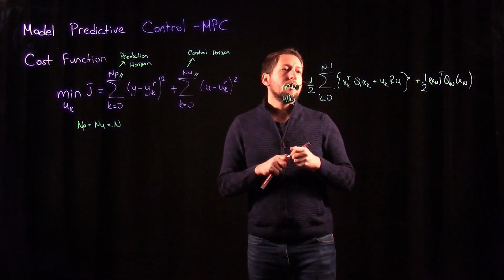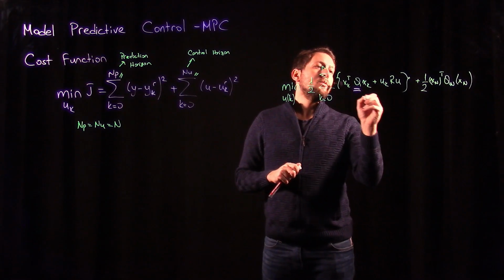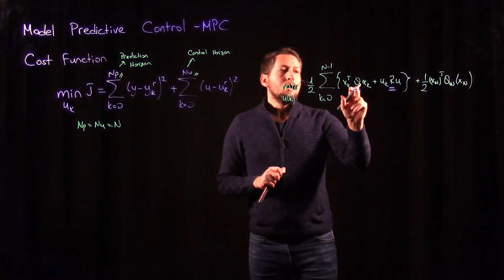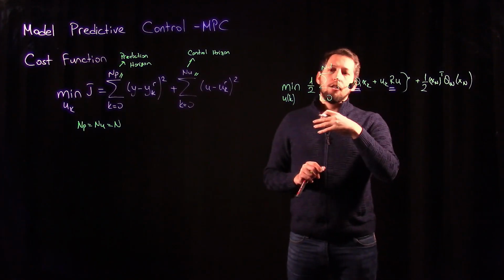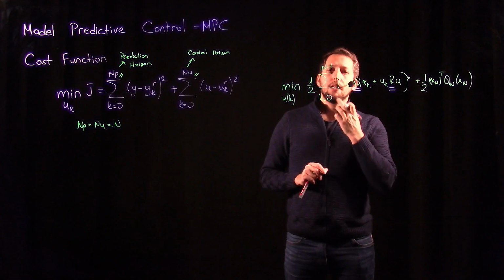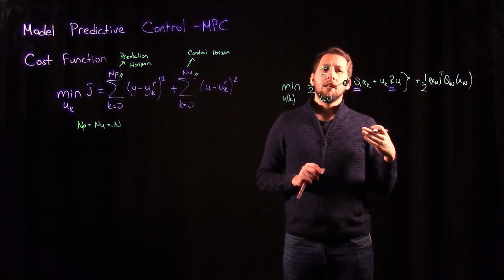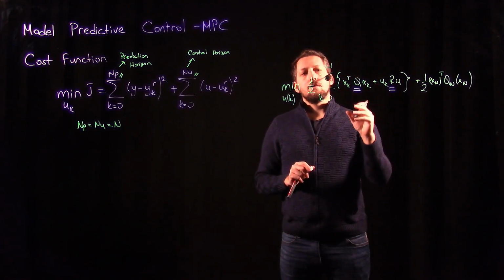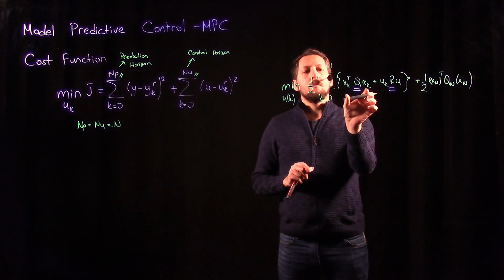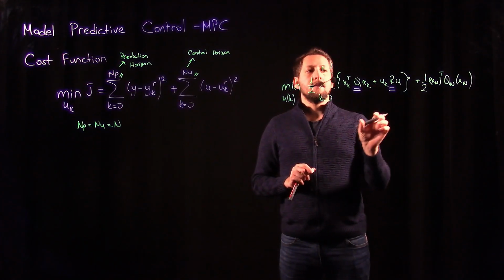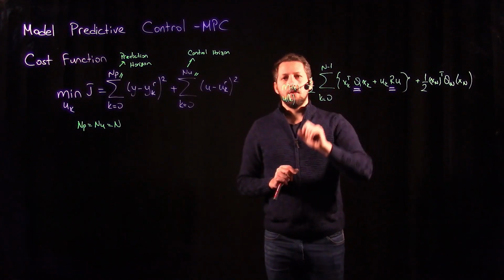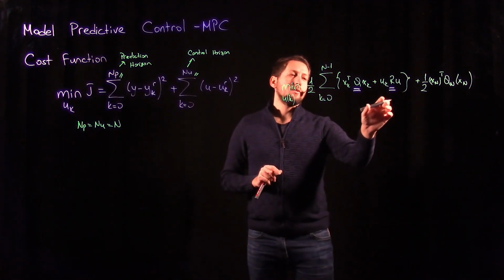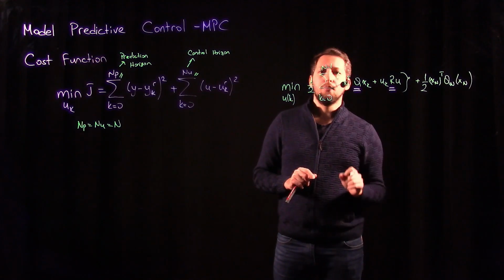This weighting comes from Q and R. Q can be in different forms, but let's initially assume the very basic form, which is diagonal. The numbers on the diagonal become the weights of each state, and it's the same for R. The numbers in R become the weighting factors for the inputs.